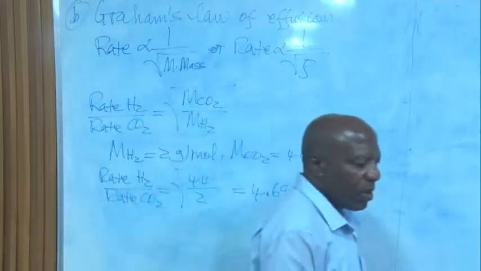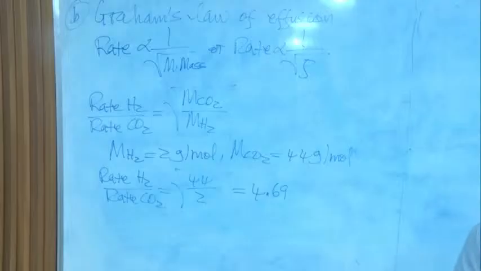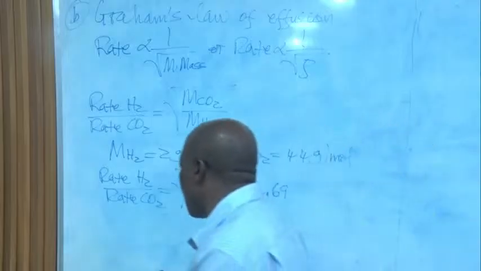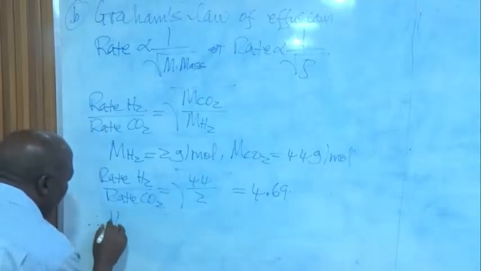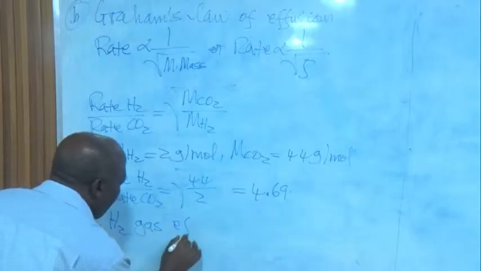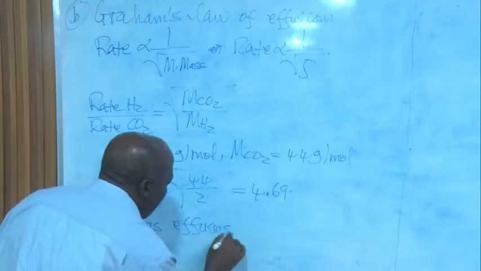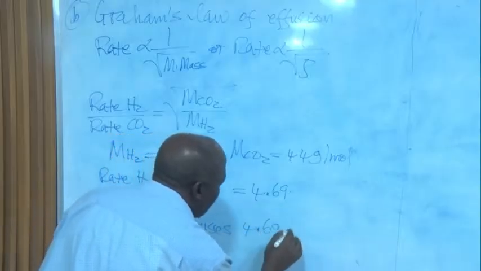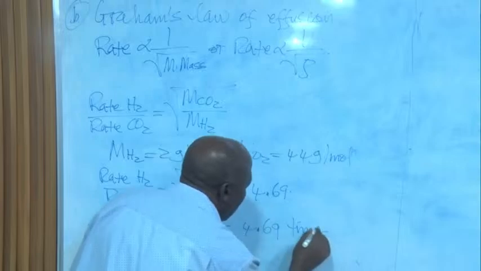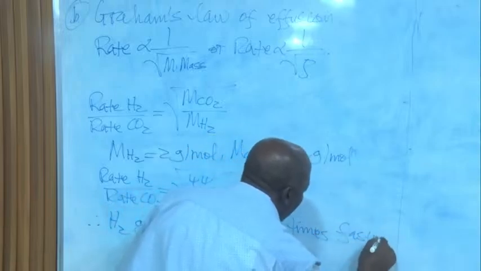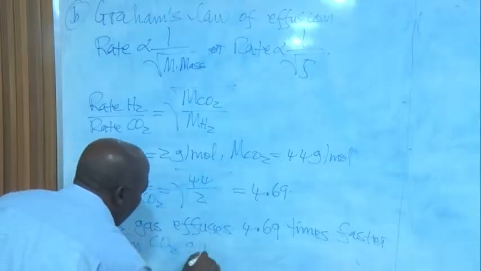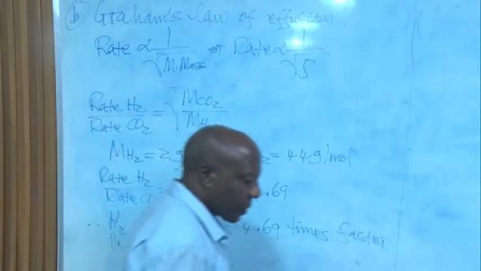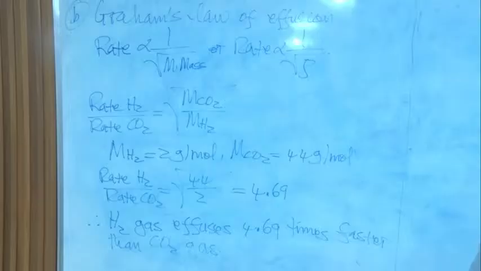So this is the ratio of the rate of effusion of hydrogen gas compared to carbon dioxide gas. Therefore, hydrogen gas effuses 4.69 times faster than carbon dioxide gas.